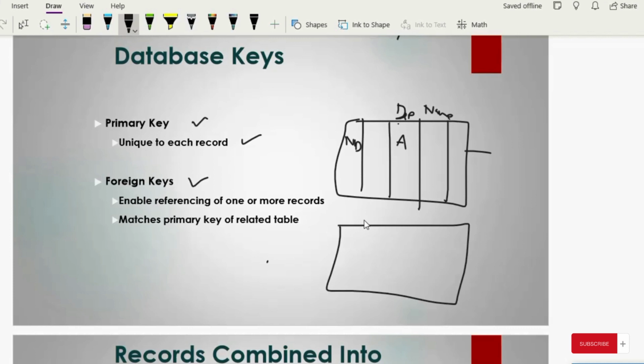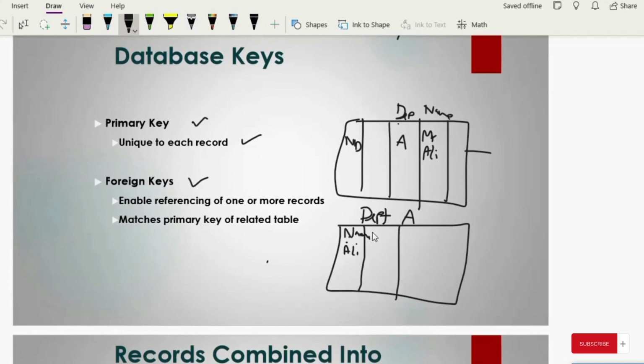Then there is another file which I am having, and that is regarding the department. In the department I have an employee whose name is, let's suppose, Mr. Ali. So this is department A. In the department A file we will have the name of the employee, and his name is Ali.